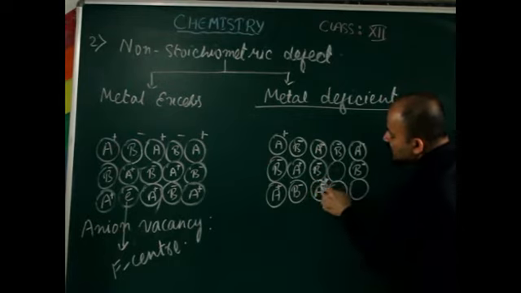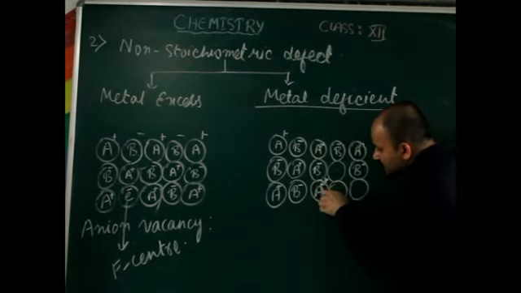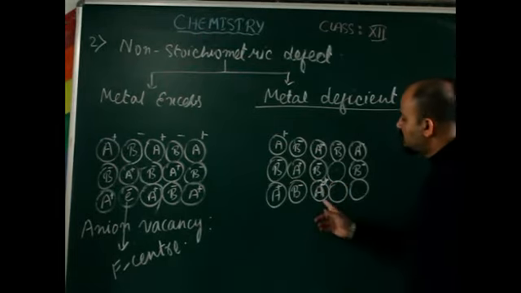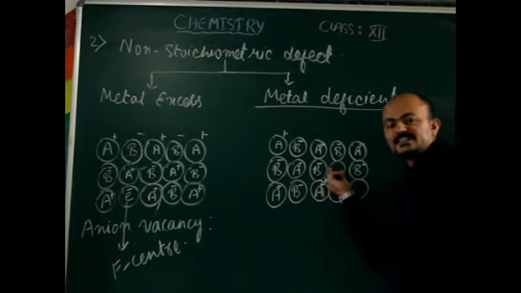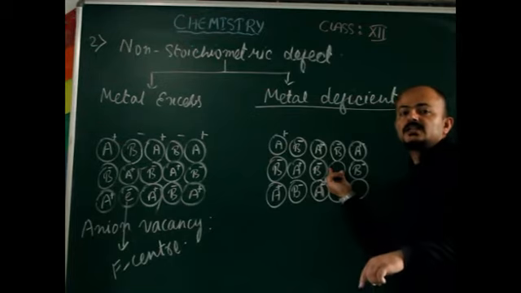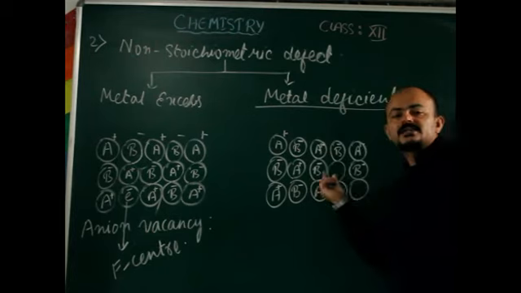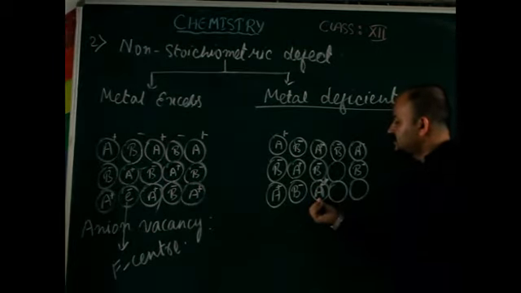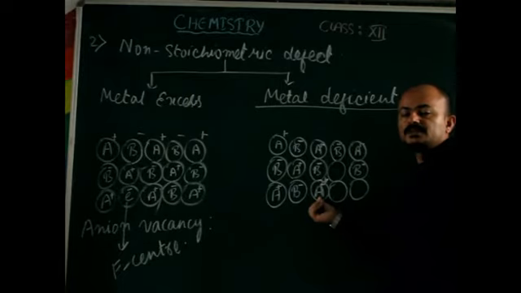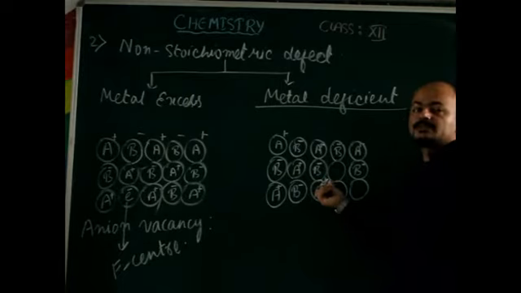This is A2 positive. It is because one of the cations over here is missing, and its responsibility to maintain the electrical neutrality has to be taken by the nearby cation. So this cation becomes doubly charged, that becomes 2 positive.